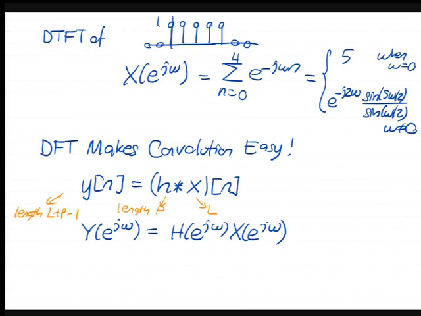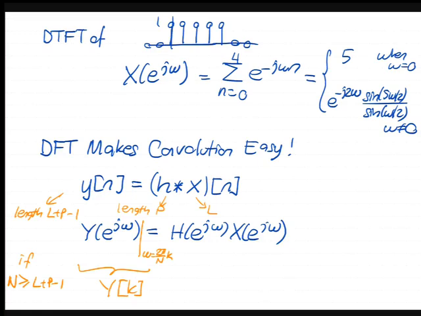So then to take samples of this at 2 pi by N times k and say that this is equal to Y of k, the DFT coefficient, N must be at least L plus P minus 1 or perhaps more. Then yes, those samples that I'm taking are the DFT coefficients. If I do anything less than that, no.